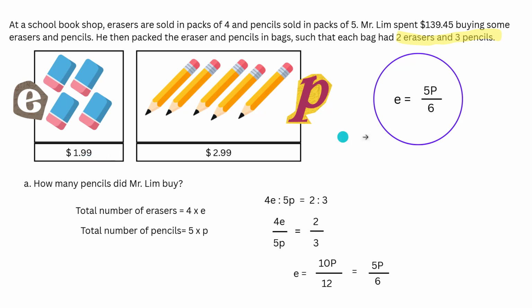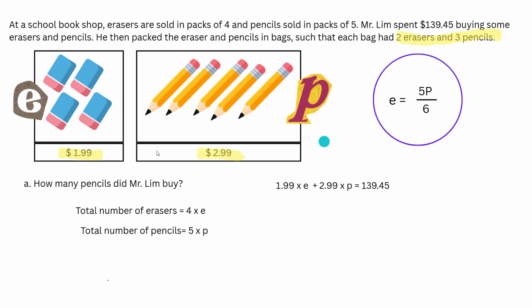The cost of one pack of erasers is $1.99 and one pack of pencils is $2.99, and he bought E packets of erasers and P packets of pencils. So $1.99 times E plus $2.99 times P should be the amount Mr. Lim spent, which is $139.45. Now this is an equation.